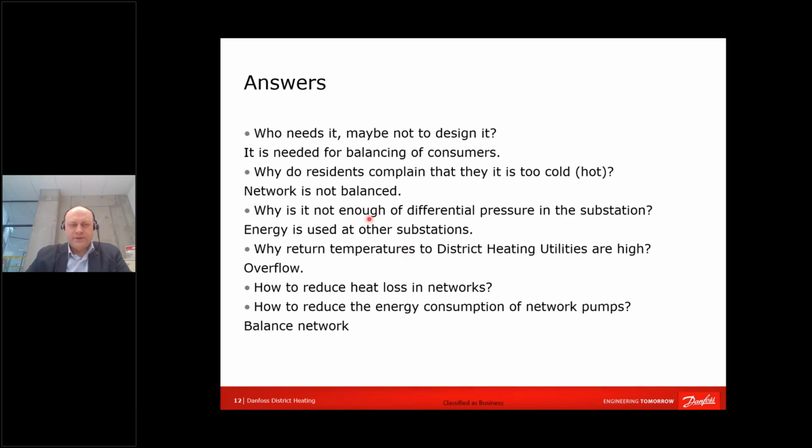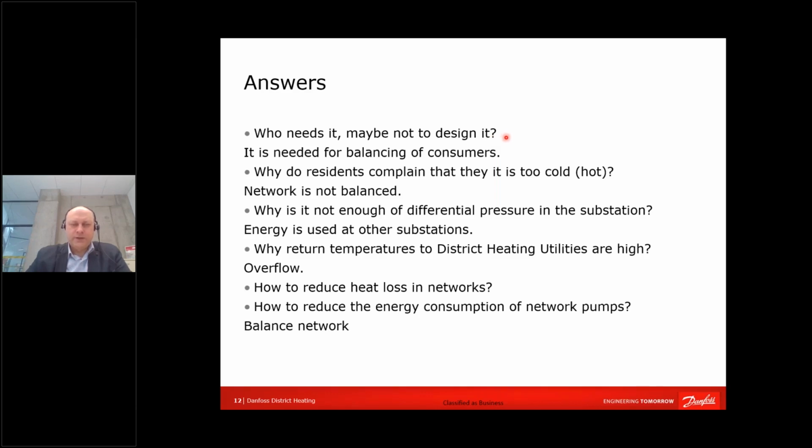And here some answers are coming. Who needs it? Maybe not to design it at all. I can illustrate that some countries might have regulations where differential pressure controllers should be used only under certain conditions, when the differential pressure at the house inlet is large enough, for example, 4 bars and more.